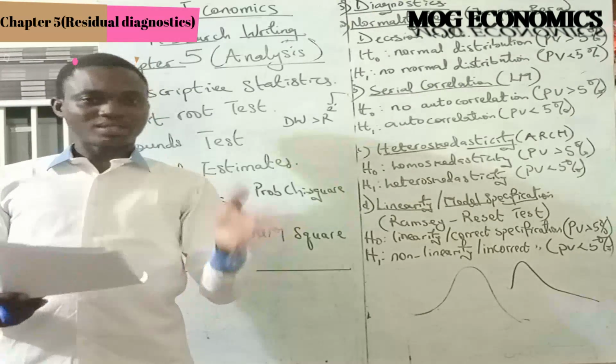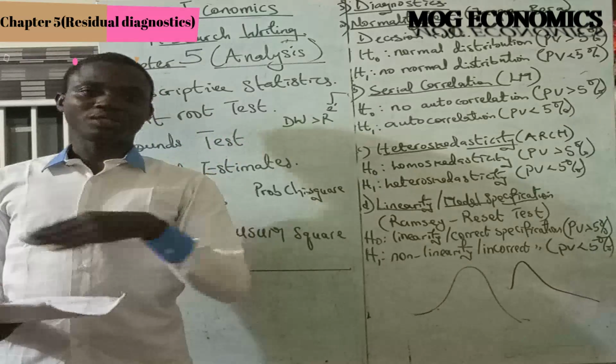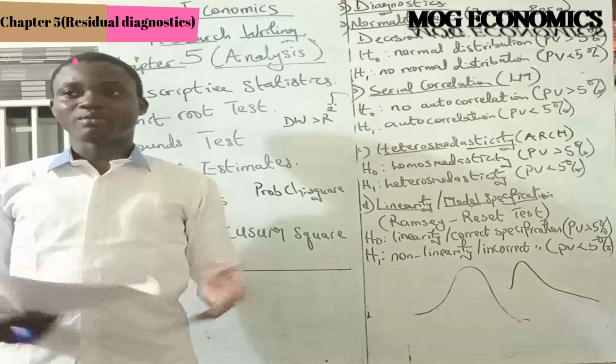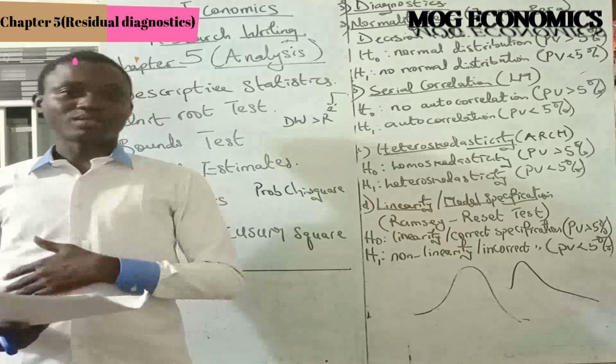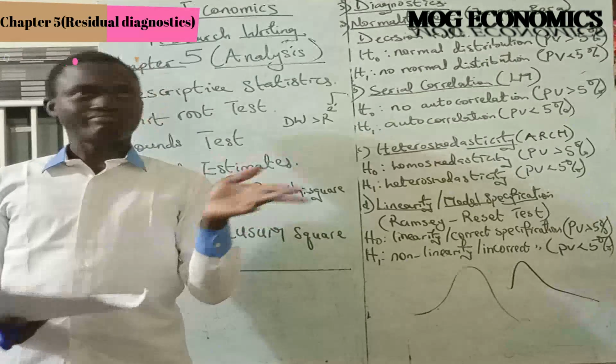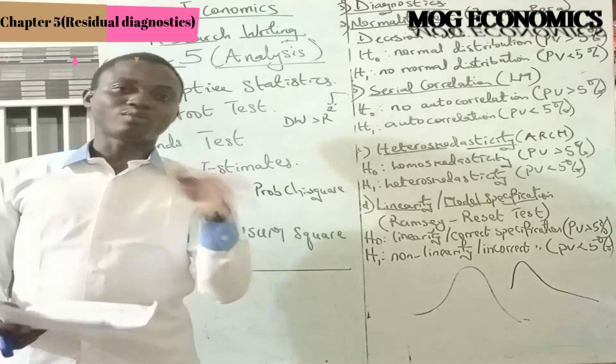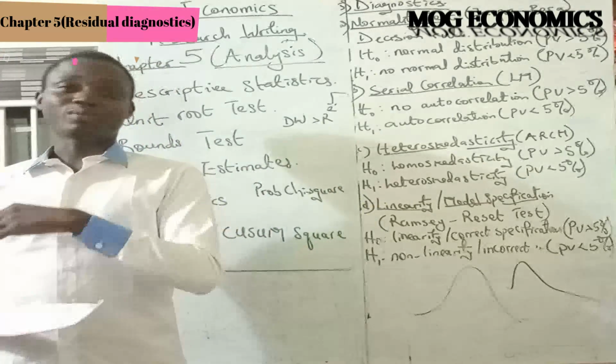You may not understand this, so let me say you have sales and advertisement expenses. You are doing a simple linear regression on sales and advertisement expense. So sales at time t equals alpha naught plus alpha 1 advertisement expenses.